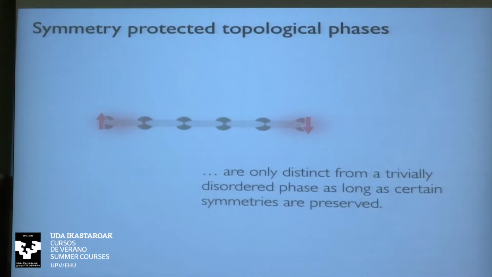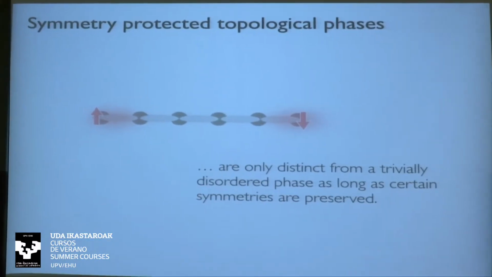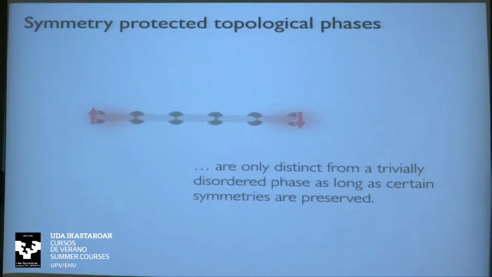So what I want to do now is give you a quick crash course on these symmetry-protected topological phases, and then, going back to the matrix product state representation, show how we can extract this topological invariant directly from these DMRG-type simulations.